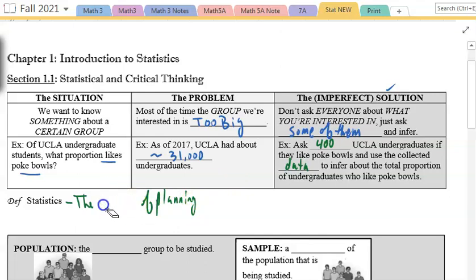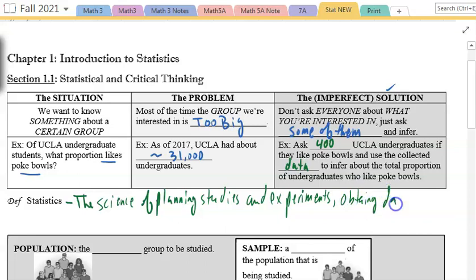I meant the science of planning studies and experiments, obtaining data and analyzing it, then drawing conclusions.